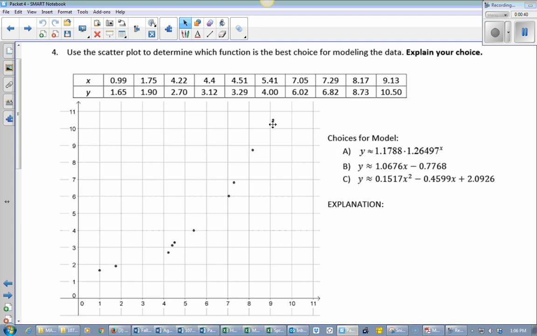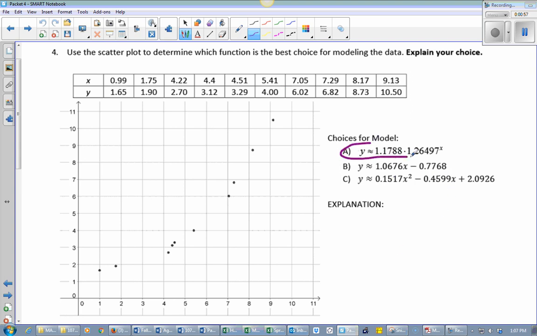So I think this looks pretty strongly exponential because it is curving upwards as it increases. And so a quadratic might also be a good model. But yeah, I think it looks exponential.